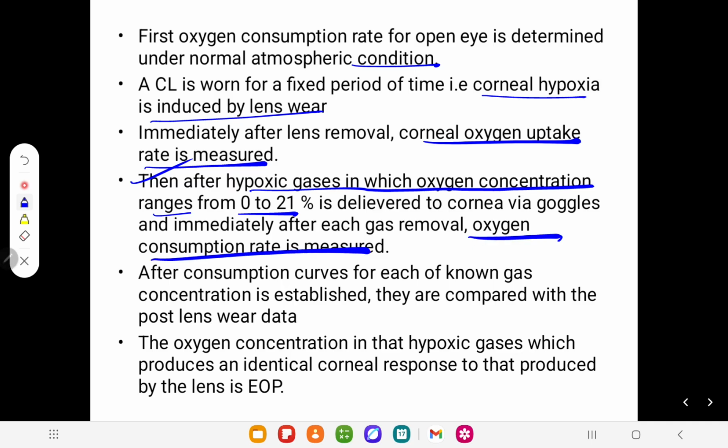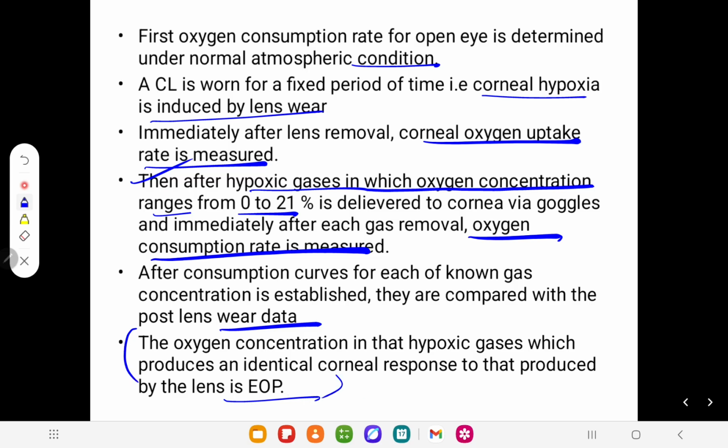After the consumption curve for each known gas concentration is established, they are compared with the post-lens wear data. The oxygen concentration in the hypoxic gas which produces the identical corneal response to that produced by the lens is the EOP.